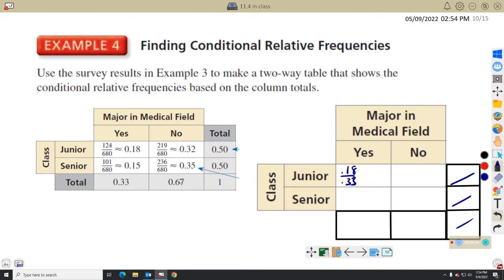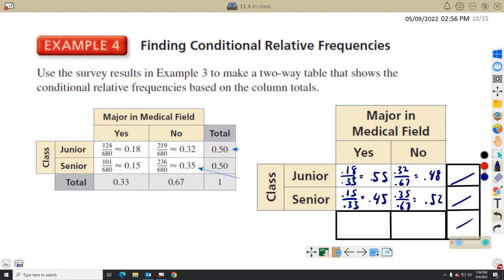So that's my column total here. 0.18 divided by 0.33. 0.15 divided by 0.33. 0.32 divided by 0.67 and 0.35 divided by 0.67. And those are going to be, okay, so those are our conditional relative frequencies.